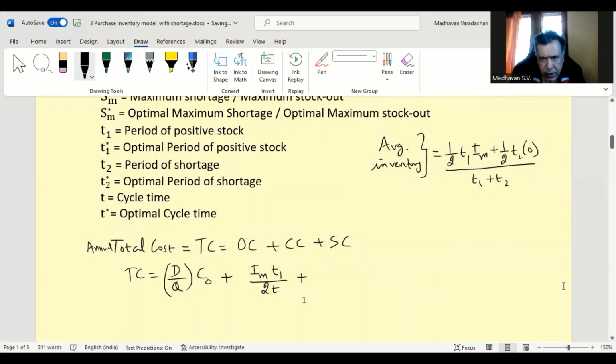Shortage cost is again average shortage multiplied by the shortage cost. I need to multiply this carrying cost per year per unit multiplied by CC plus shortage cost. This is again average shortage we have to calculate.